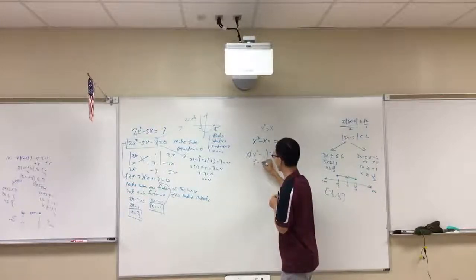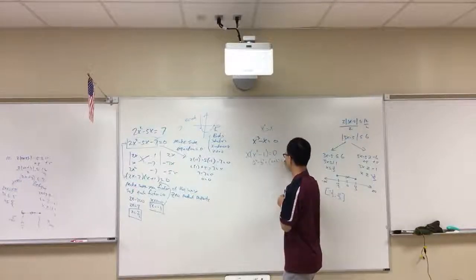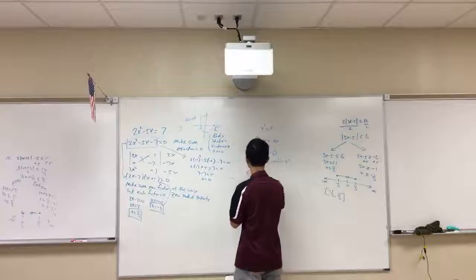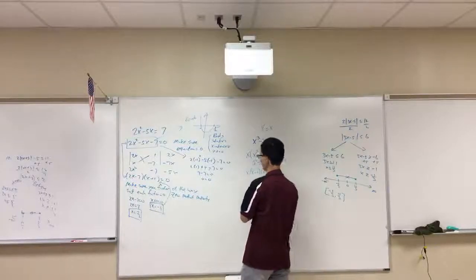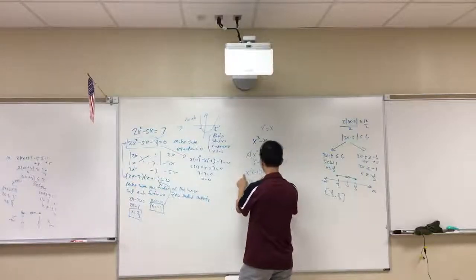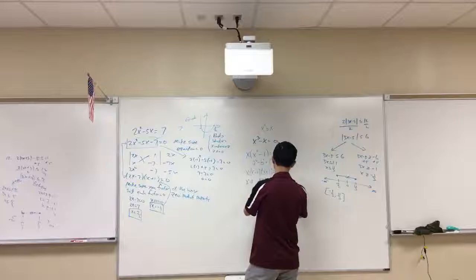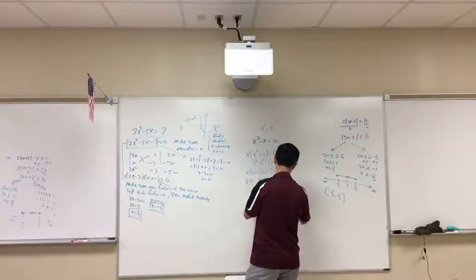A squared minus b squared, right? Is equal to a plus b times a minus b, right? So that's going to be x times x minus 1 times x plus 1. That's equal to 0. X equal to 0. X minus 1 equal to 0. X plus 1 equal to 0. X equal to 1. X equal to negative 1. And there we go.